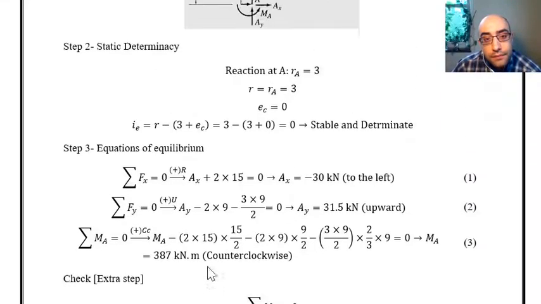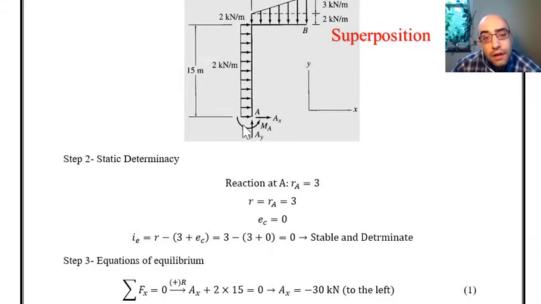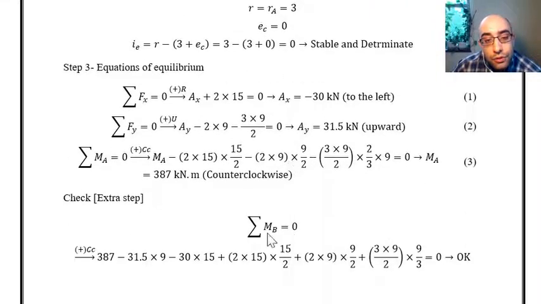For example, if I look at over here, I have this AX, and this AX is creating a counterclockwise moment about point B, so the moment itself should be positive. But since the value of AX that I found over here is negative, I have to put minus 30 multiplied by 15.